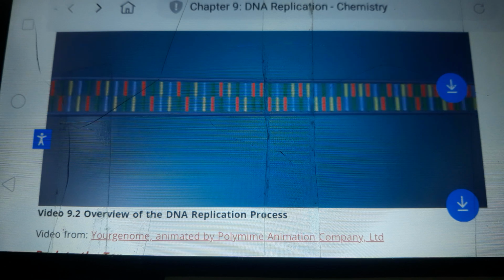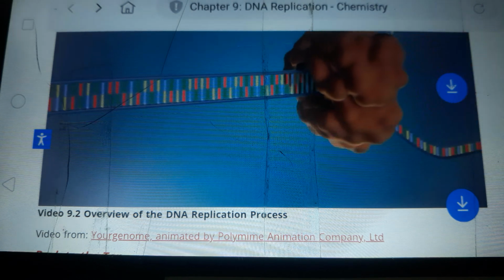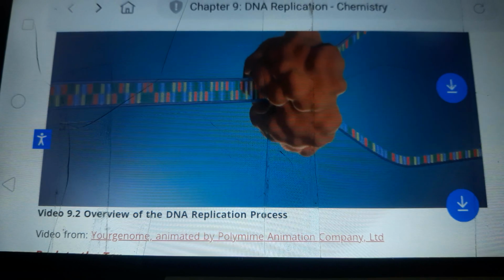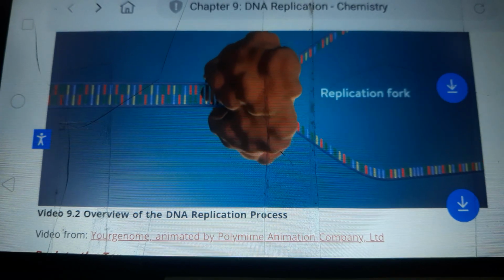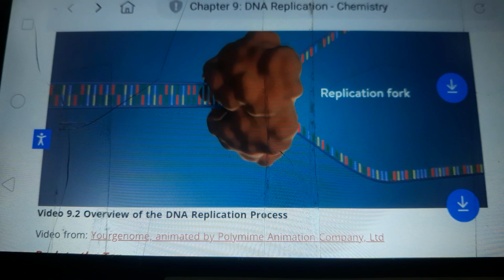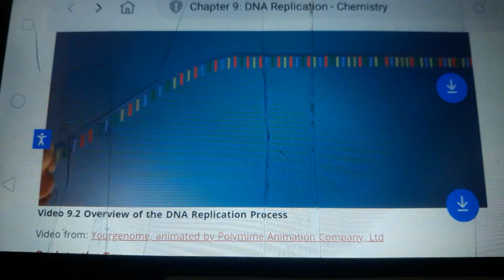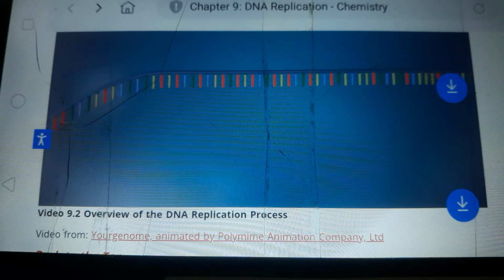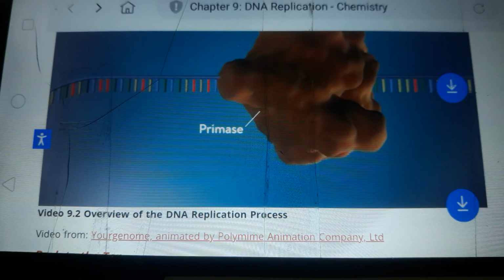This determines how each strand of DNA is replicated. The first step in DNA replication is to separate the 2 strands. This unzipping is done by an enzyme called Helicase and results in the formation of a replication fork. The separated strands each provide a template for creating a new strand of DNA. An enzyme called Primase starts the process.